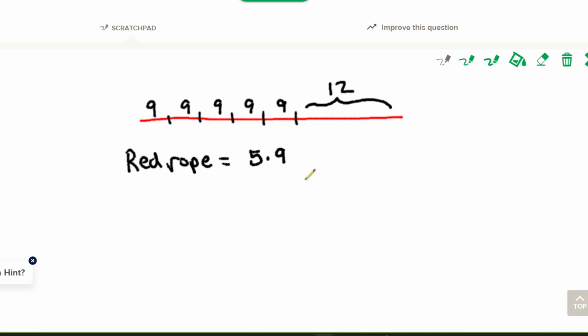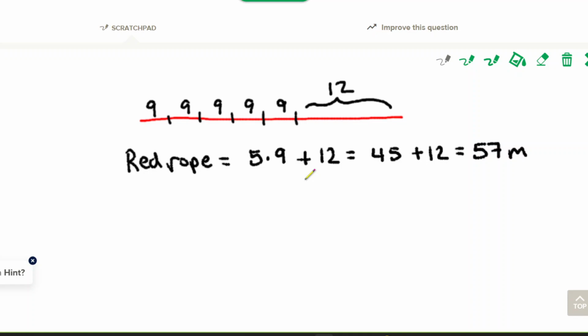There's 9 plus 9 plus 9, that's 9 times 5, and then add to that the 12 meters left over. 9 times 5 is 45, and then plus 12. Remember, you do multiplication before addition in your order of operations, and this would be 57 meters long, little m for meters.